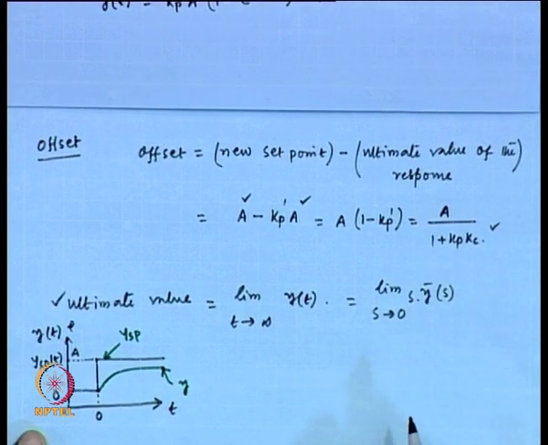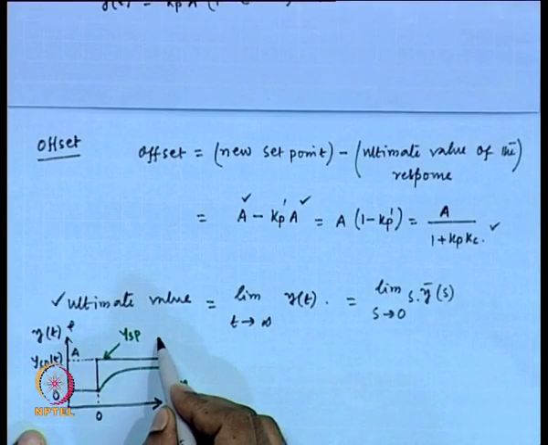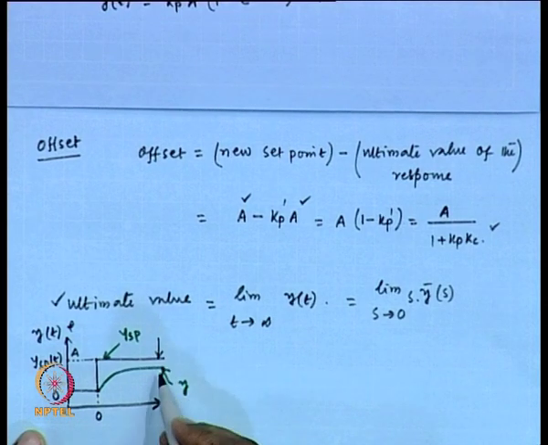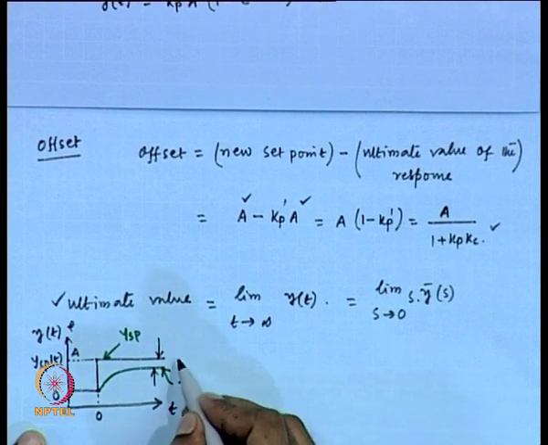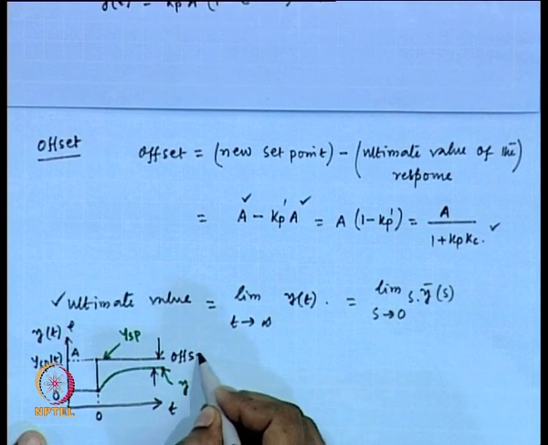Fine. This plot represents the process behavior under P only control scheme, and also by introducing a step change in set point value with a magnitude of A. Now, this steady state deviation of the control variable from set point value is offset.